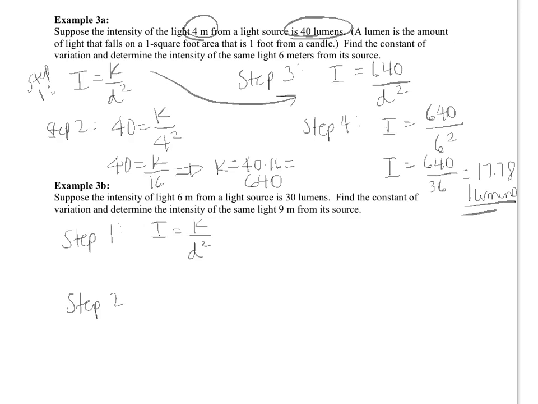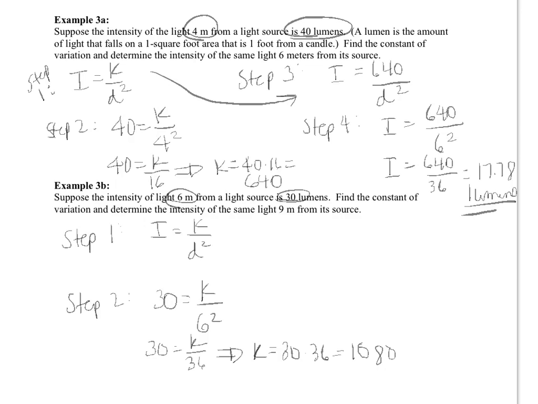In step 2, we're going to solve for K. If we know the intensity is 30 lumens, 30 equals K over D squared, and our distance is 6 meters, so 6 squared. So 30 equals K over 36. K equals 30 times 36, which equals 1080.